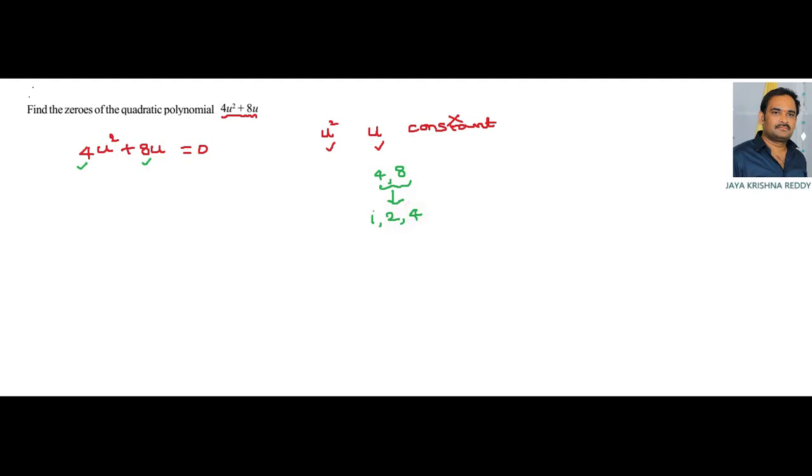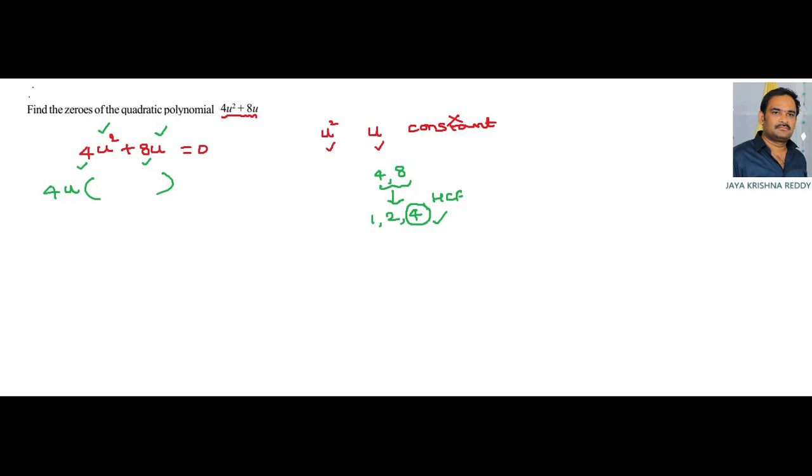In one table you will get 4 and 8, in two table you will get 4 and 8, in four table you will get 4 and 8. The highest common factor, that means HCF, is 4. So you have to take 4 as common from these two terms, and in the first term u square means two u terms are there, and in the second one u is there, so you have to take one u as common.